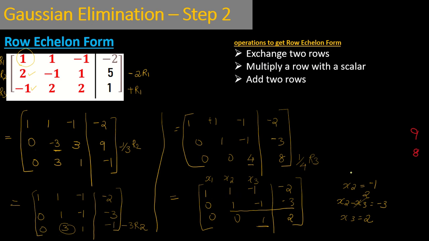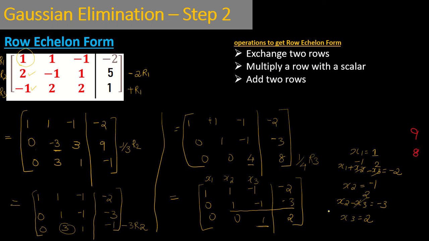Okay. Now, we take the first equation. First equation is like this. x1 plus x2 minus x3 is equal to minus 2. And substitute the values of x2 and x3. x2 is minus 1 and x3 is 2. Minus 1 minus 2 is minus 3. So it will be x1 equal to 1.